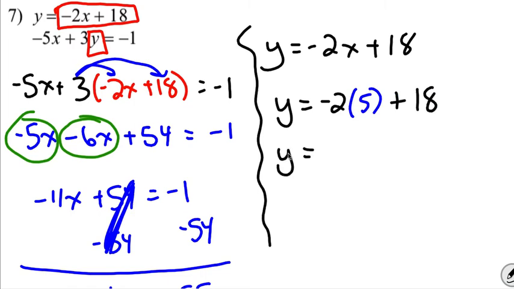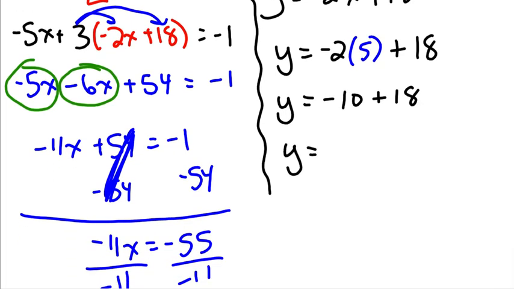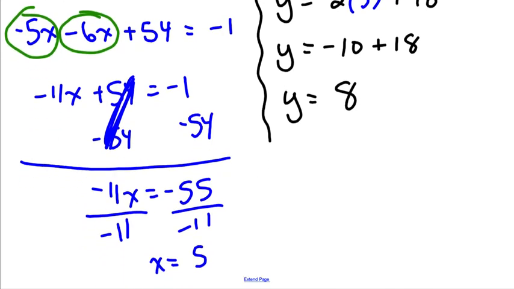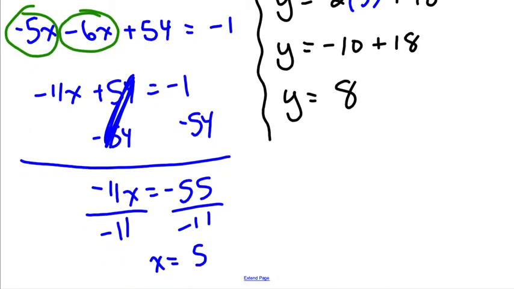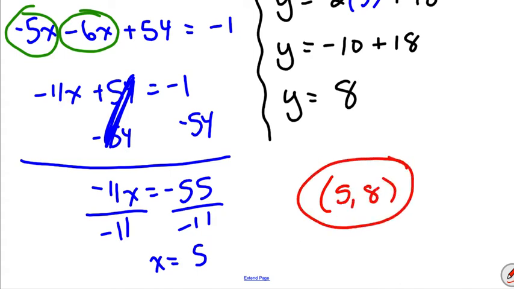Negative 2 times 5 is negative 10, plus 18. Negative 10 plus 18 is 8. Final answer, 5, 8.